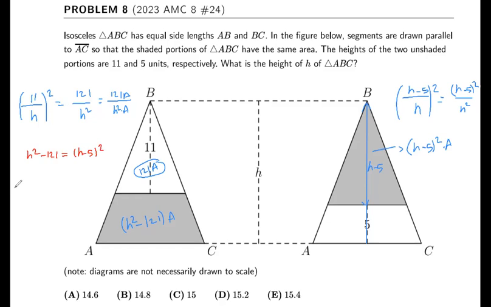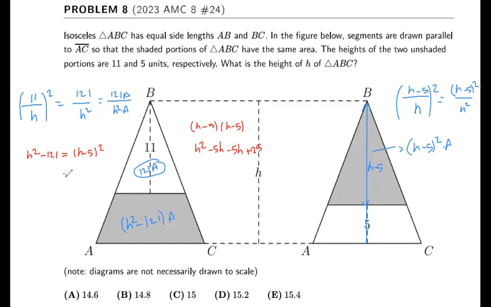And then if you expand this, h minus 5 squared, let me do that right here. If you know the square of a binomial, you can use that to make it faster. But if you don't, you can just write it twice and multiply: h by h is h squared, h by negative 5 is minus 5h, and then negative 5 by h is minus 5h as well, and negative 5 times negative 5 is 25.